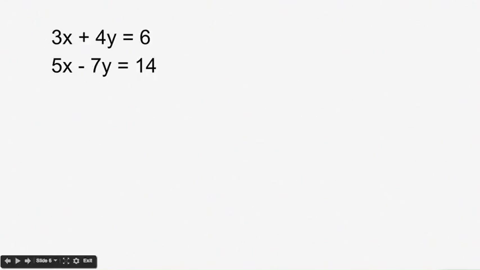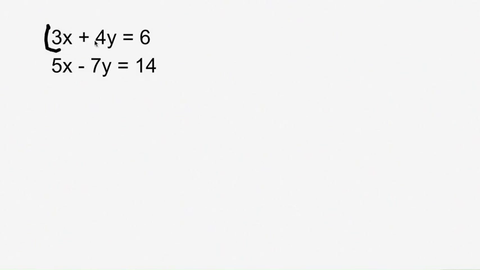Let's practice again. 3x plus 4y equals 6, and 5x minus 7y equals 14. The easiest one would be to get rid of the x's because they have a common multiple that's pretty easy, namely 15.